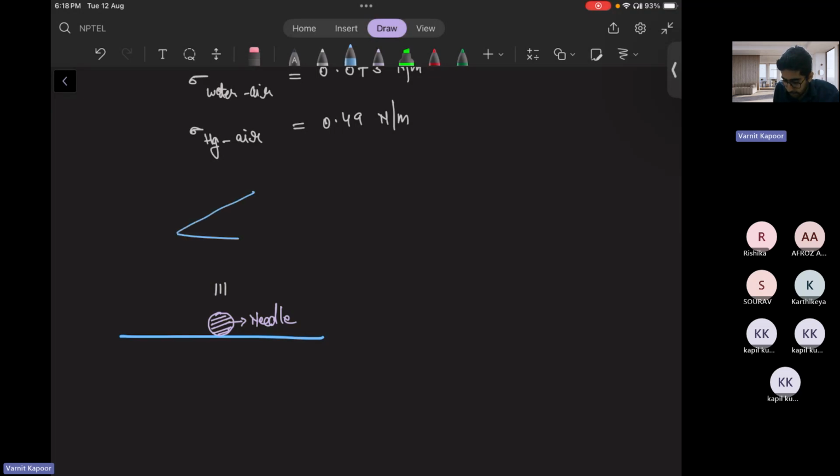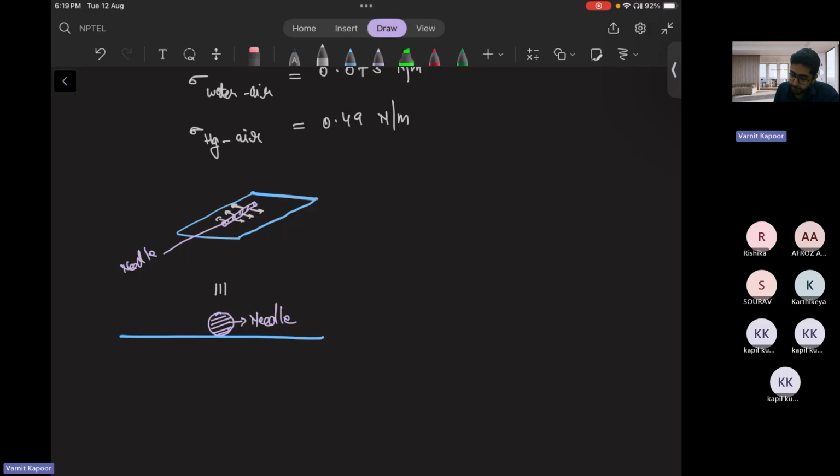Your fluid layer is like this, and the needle is kept like this. There is a surface tension force acting between the molecules at the liquid and solid interface, the solid needle and the liquid interface.